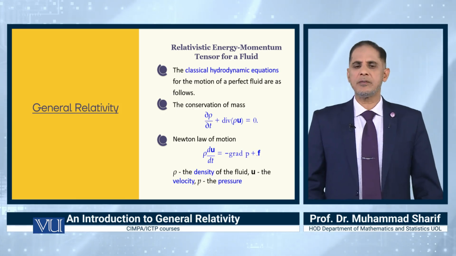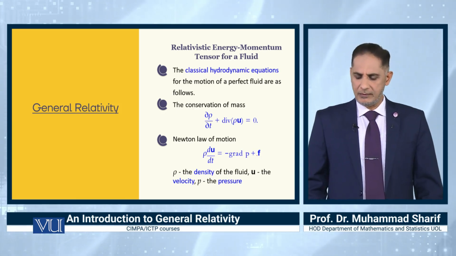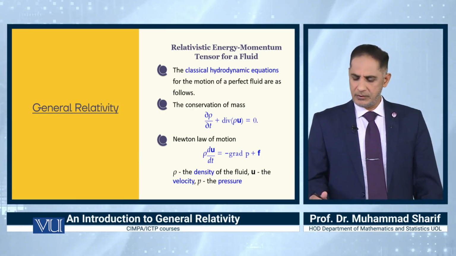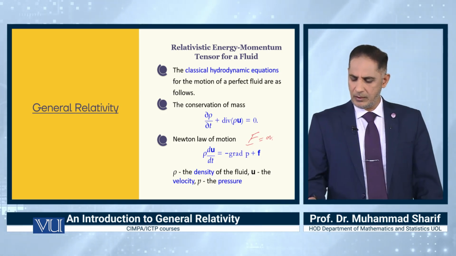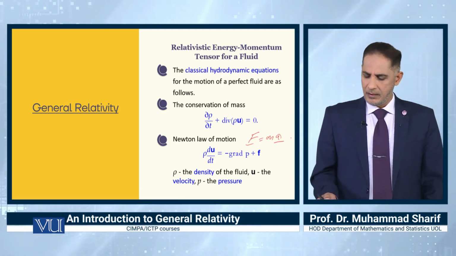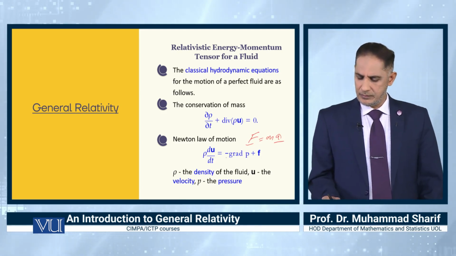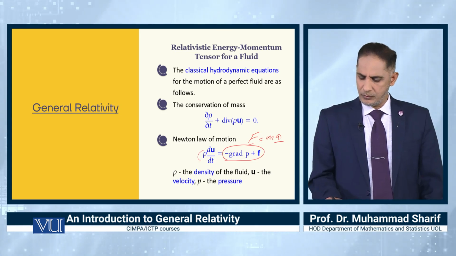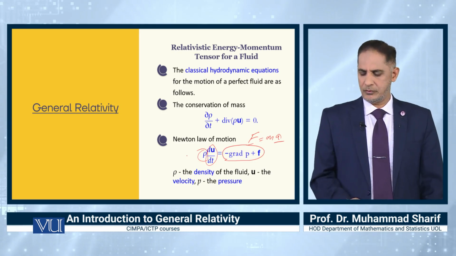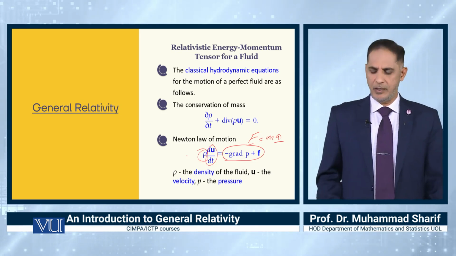So, the first equation is the conservation of mass, and the second is Newton's usual second law of motion, f equal to m a. Here this corresponds to the force, this corresponds to the mass, and this is the acceleration.